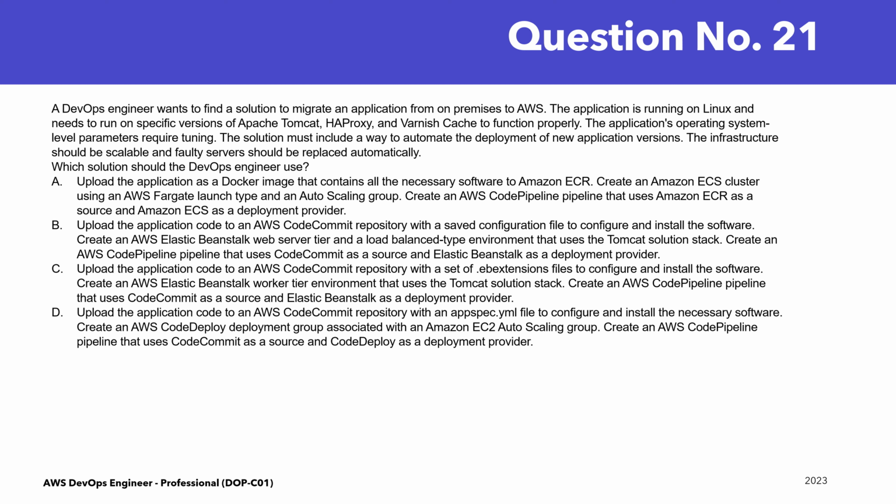A. Upload the application as a Docker image that contains all the necessary software to Amazon ECR. Create an Amazon ECS cluster using an AWS Fargate launch type and an auto-scaling group. Create an AWS CodePipeline that uses Amazon ECR as a source and Amazon ECS as a deployment provider.